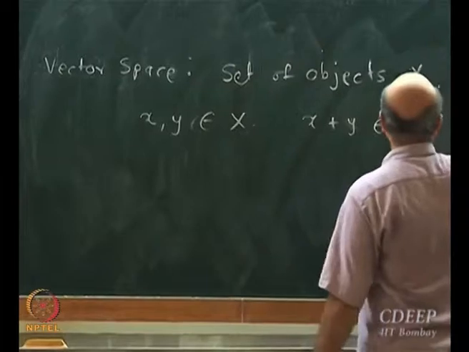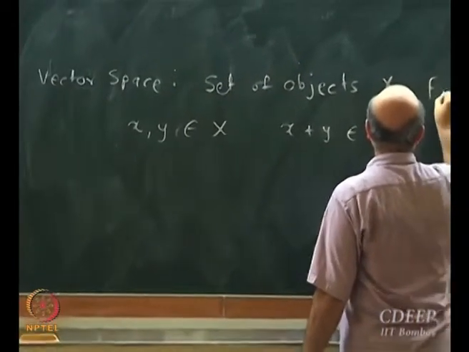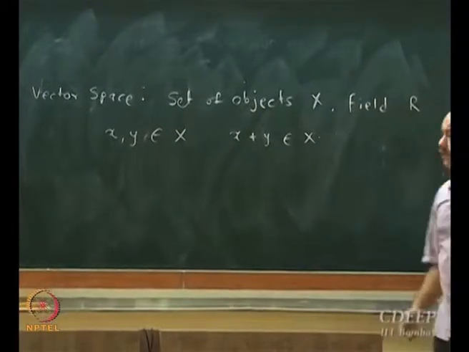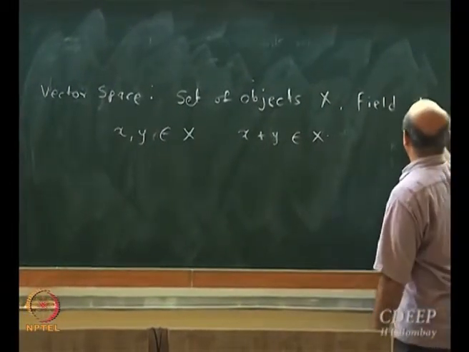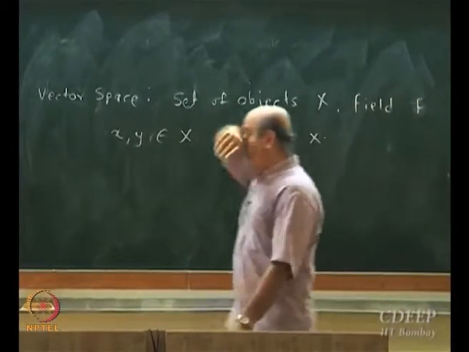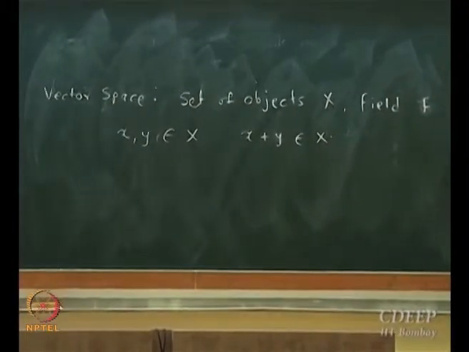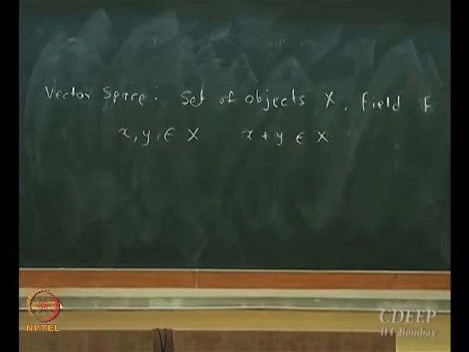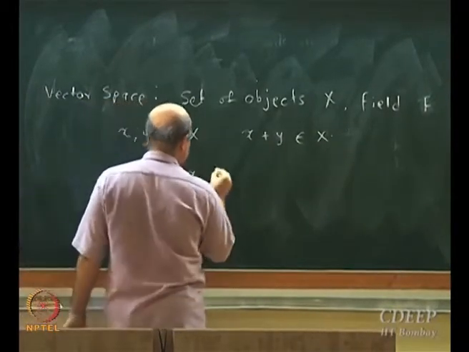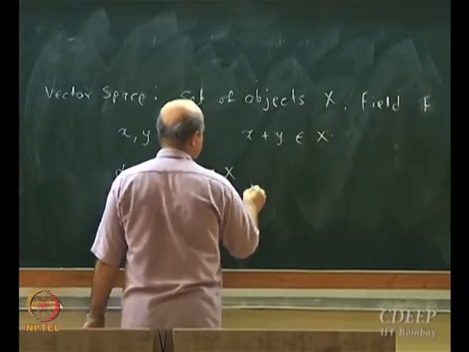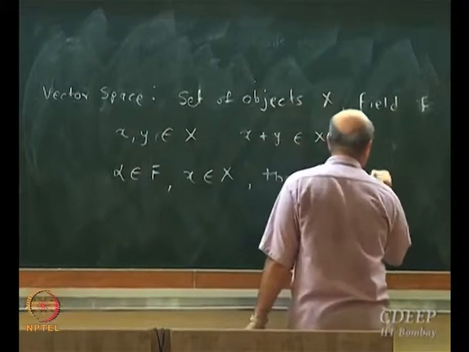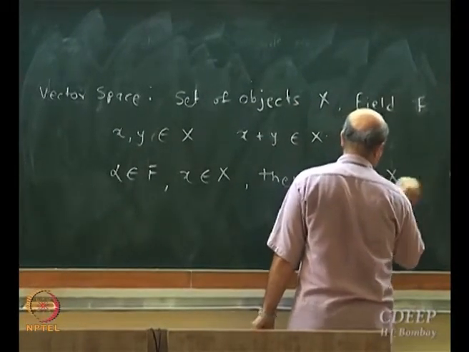We also need a field. For example, a field could be R, so let's call the field F. So we need two things here, a set of objects X and a field F. If I take any scalar alpha from F and any x belonging to X, then alpha times x, this is called scalar multiplication, also belongs to X.